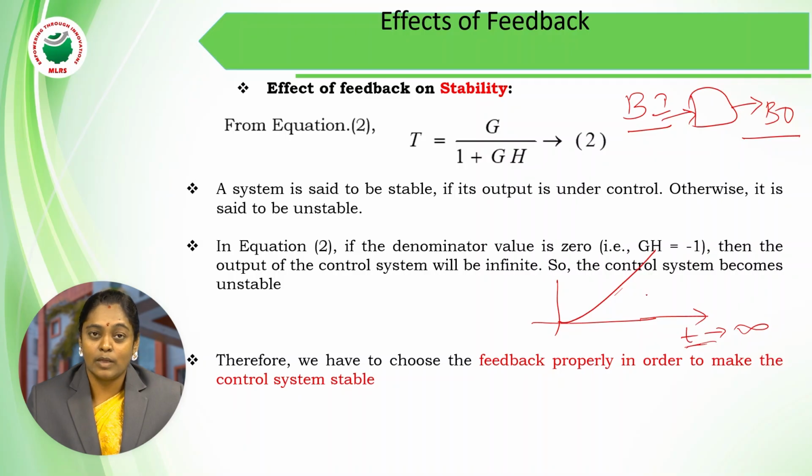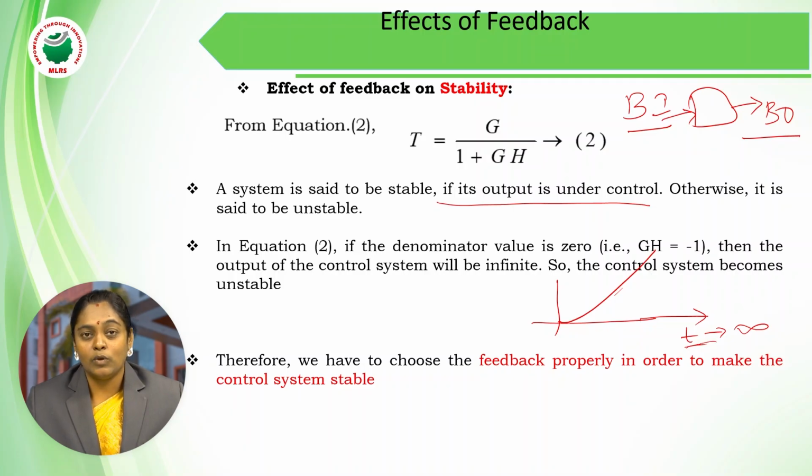This is an example of an unbounded system. If you are able to measure the input as well as the output of a system, then only such systems are called stable systems. A system is said to be stable if its output is under control, meaning if we are able to measure the output of the system.